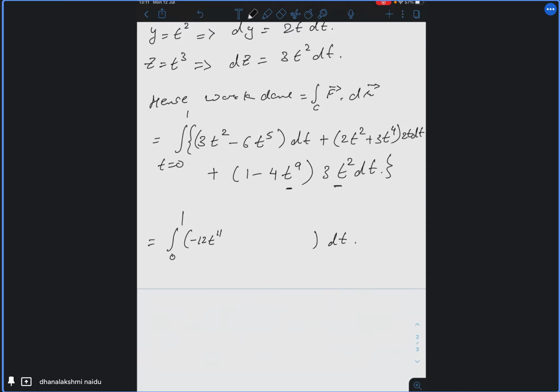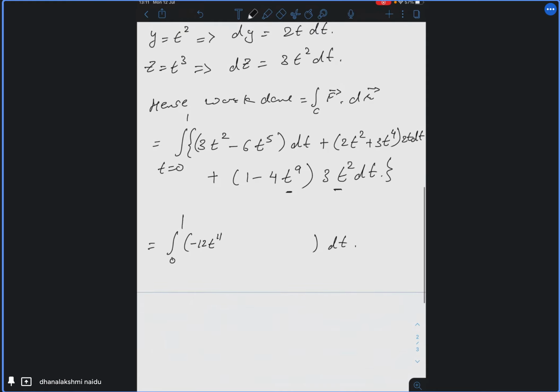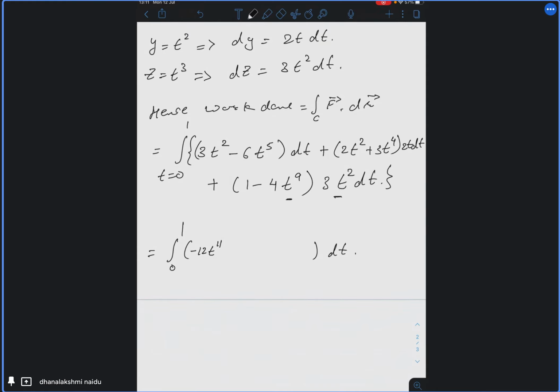Then you have t to the power 5 also: minus 6 t to the power 5 and plus 6 t to the power 5, so that will be cancelled.